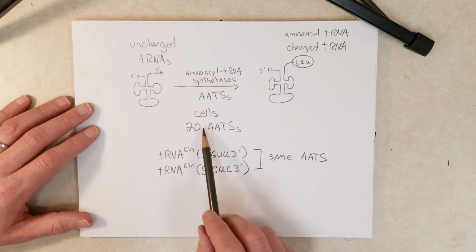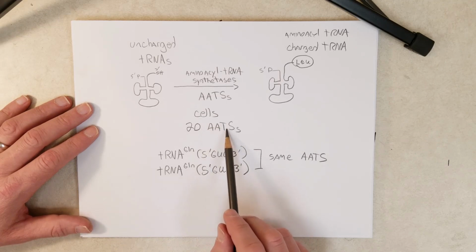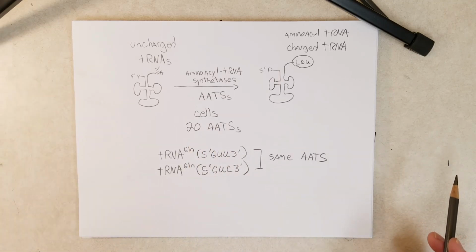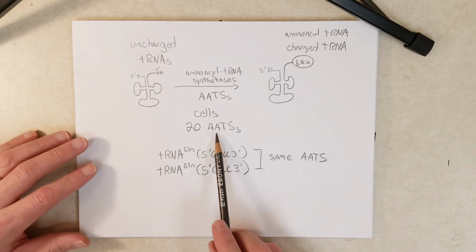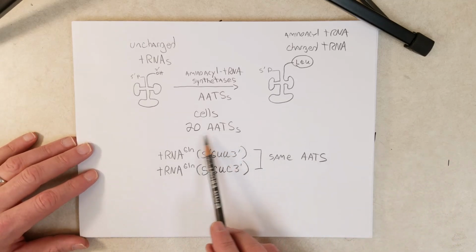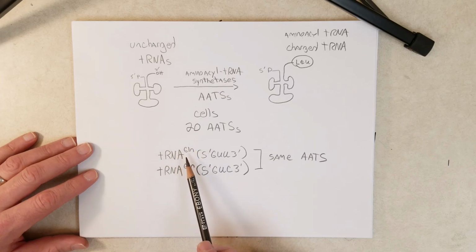Which is good. That means the cell doesn't need a separate AATS for each tRNA. It could conserve resources by using the same AATS for the whole group of isoacceptor tRNAs.